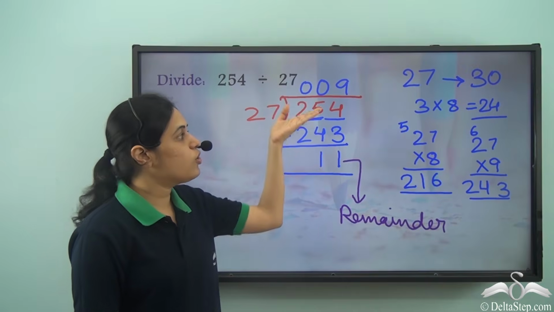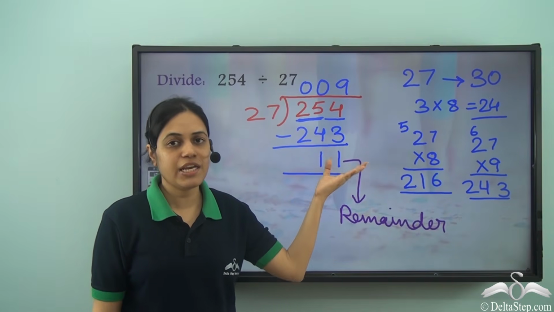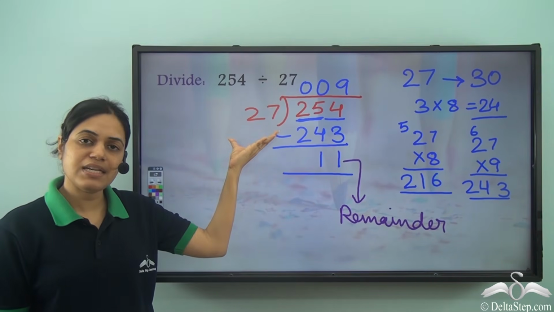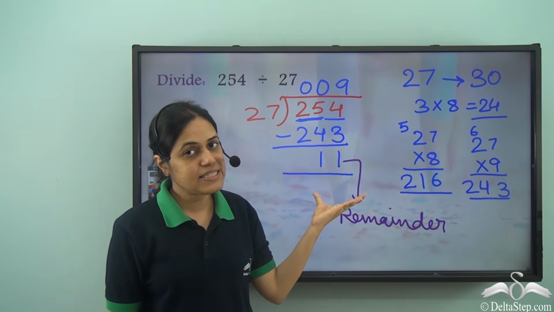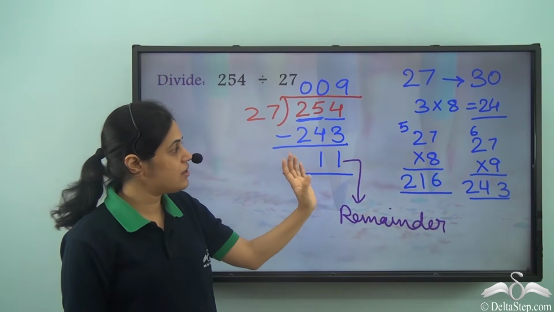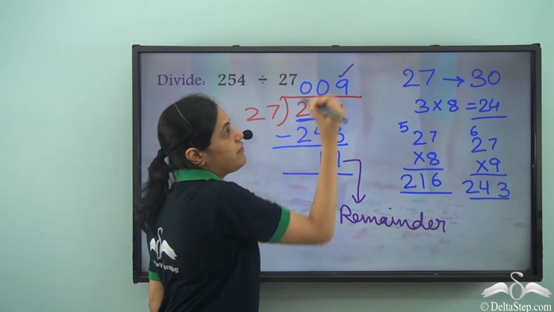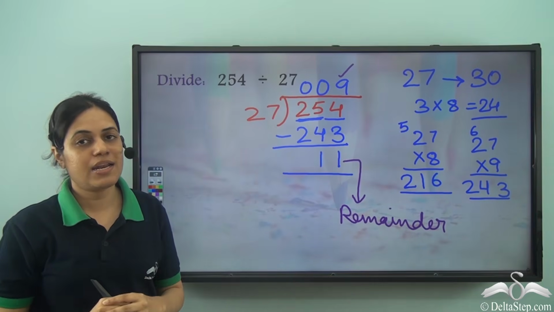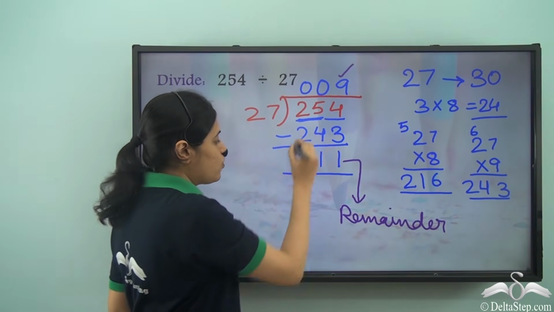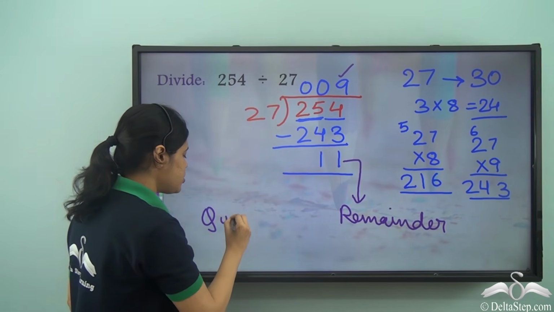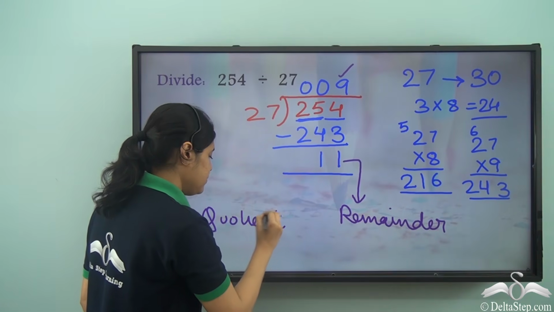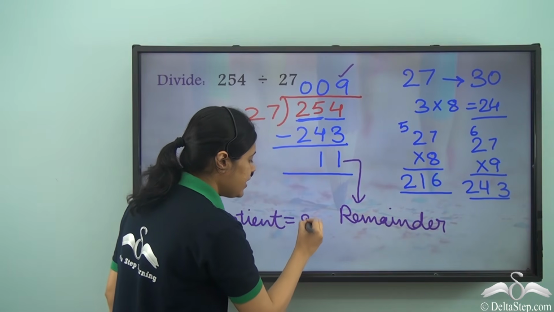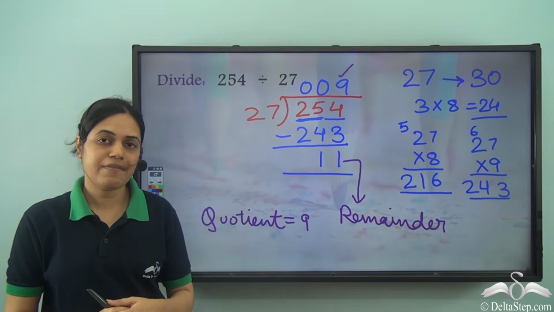The remainder, or what we get after subtracting, should never be more than the divisor. As long as we are getting something which is less than the divisor, it means that what we have taken here is correct. So 9 is the quotient. So quotient is equal to 9, and remainder is equal to 11.